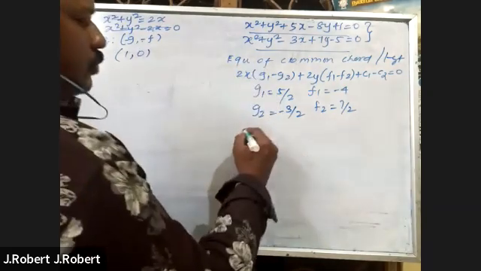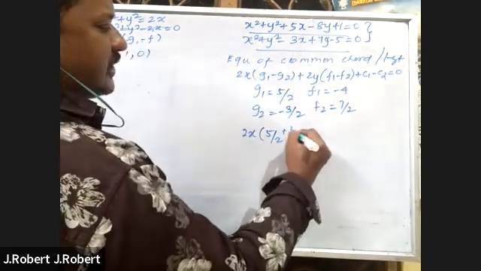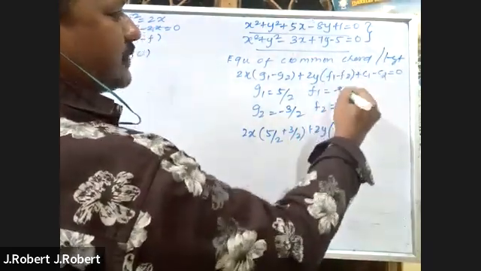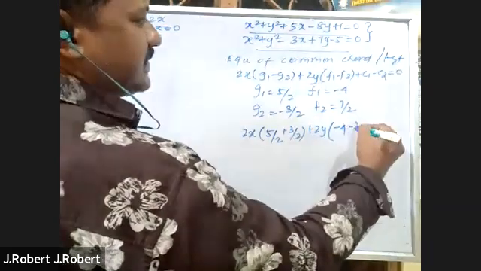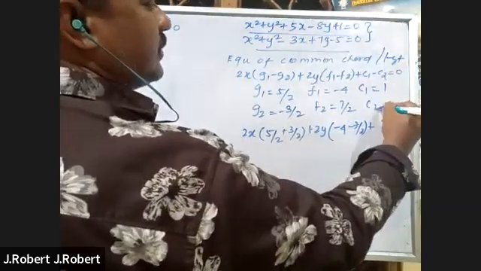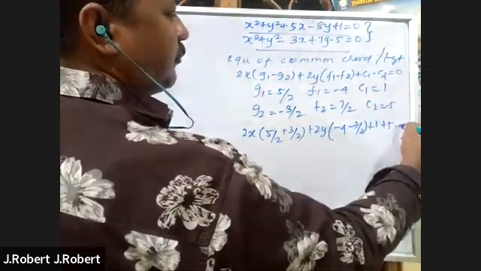Now 2x into g1 minus g2, 5/2 plus 3/2. Next 2y into f1 minus f2, minus 4 minus 7/2, plus c1 minus c2. Here c1 is 1 and c2 is minus 5, so 1 minus of minus 5 becomes plus 5, equal to 0.